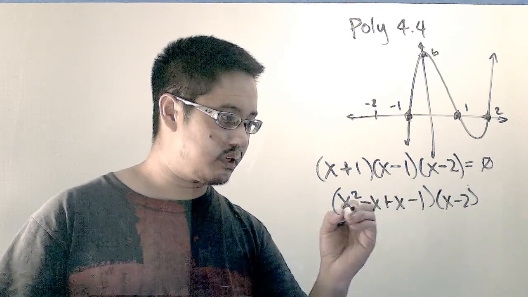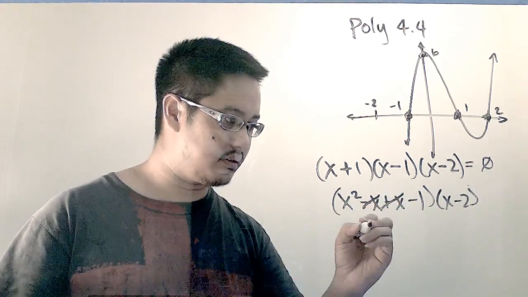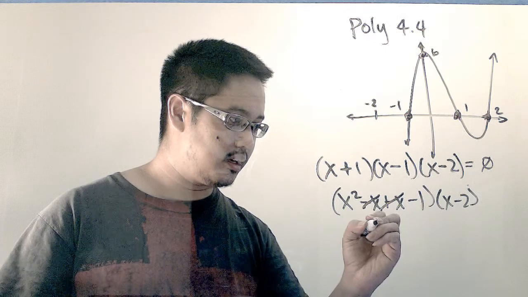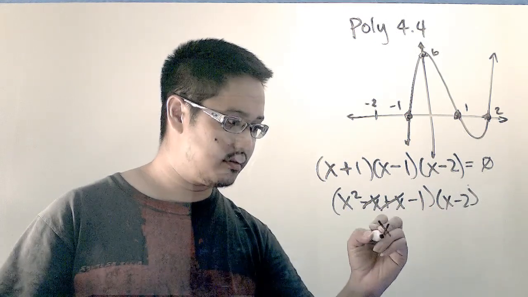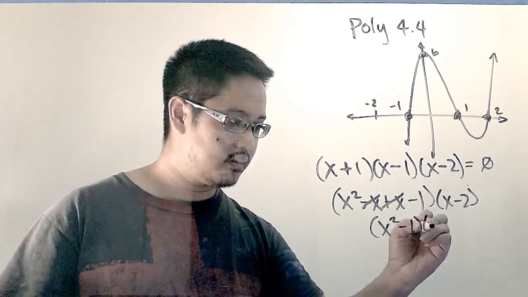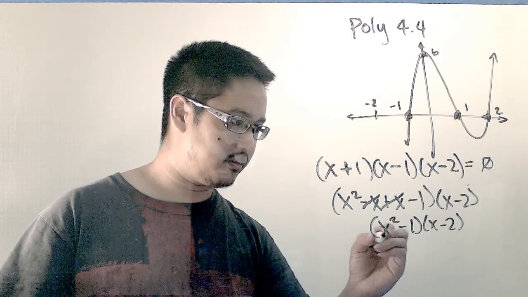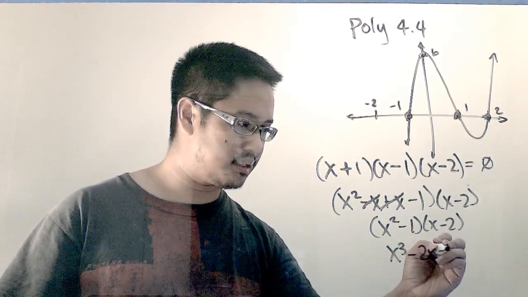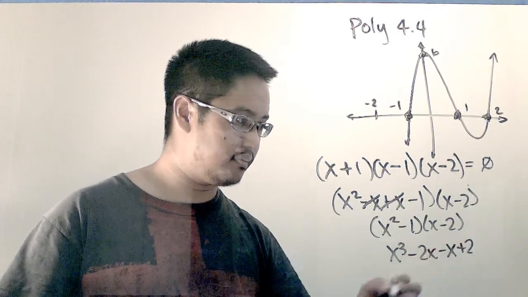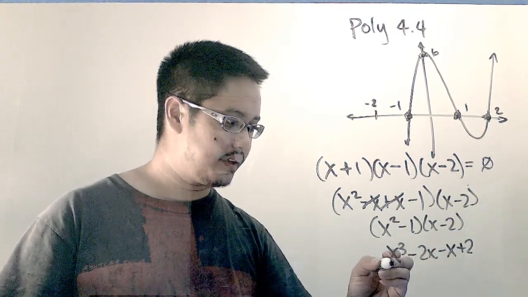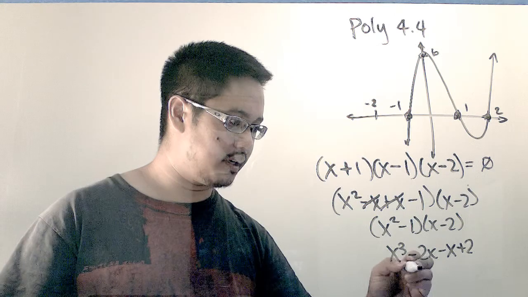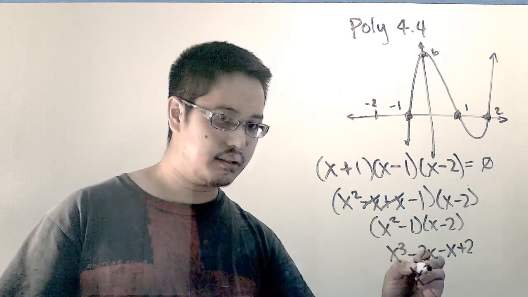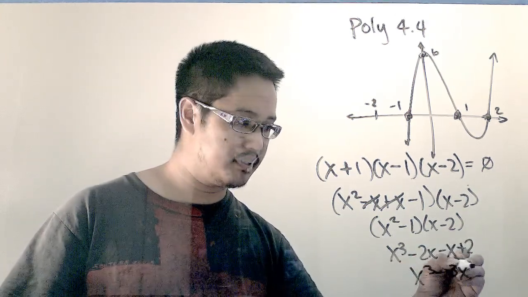The negative and positive x cancel out, so I have x squared minus 1 times x minus 2. I'm going to FOIL that out, and so I have x cubed minus 2x squared minus x plus 2. So I have x cubed minus 3x plus 2.